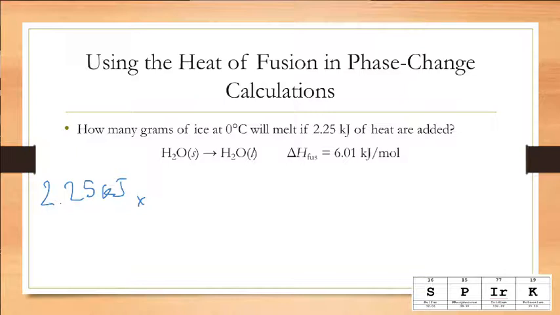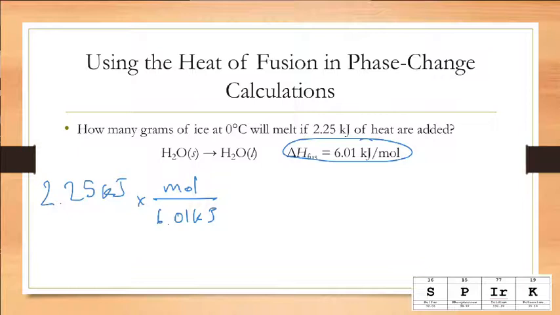So if we look at the information we have, a unit conversion right here. We can use the delta H of fusion. So that's 6.01 kilojoules per mole. Because remember, for 1 mole of solid H2O to convert to 1 mole of liquid H2O, it requires 6.01 kilojoules.